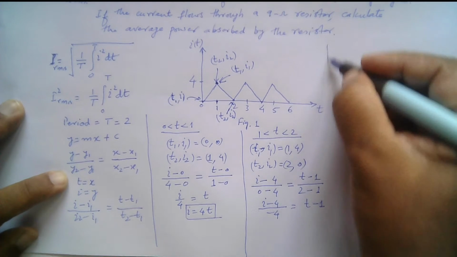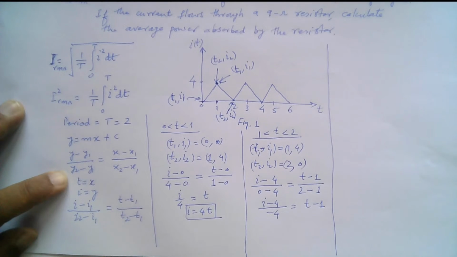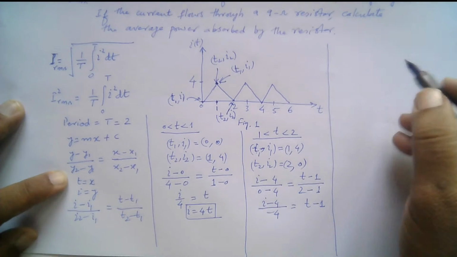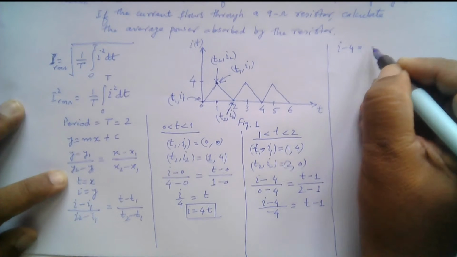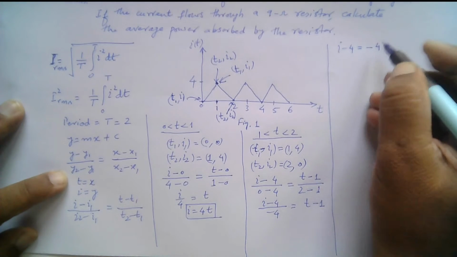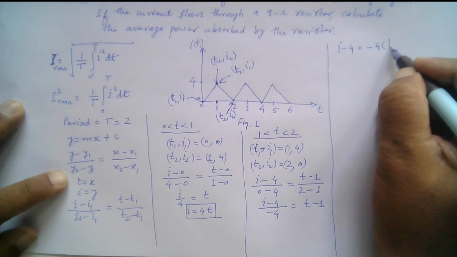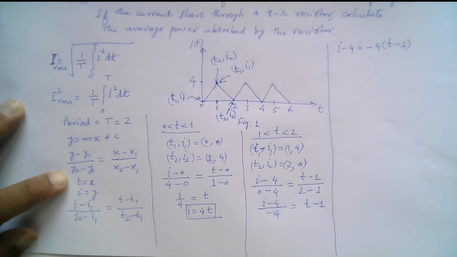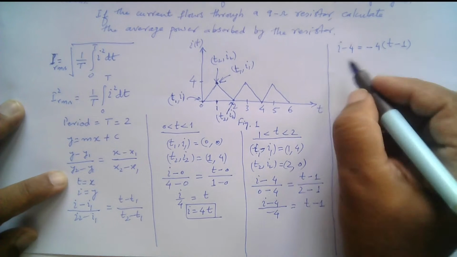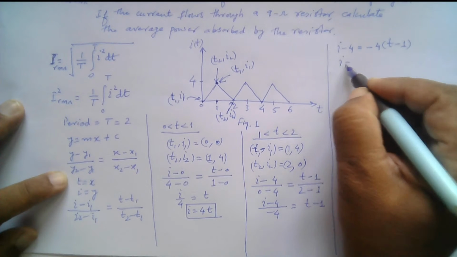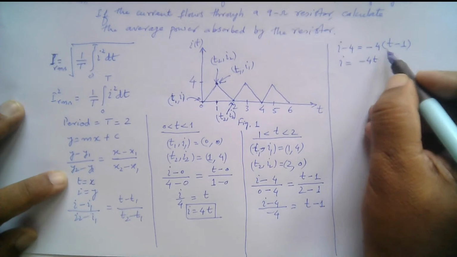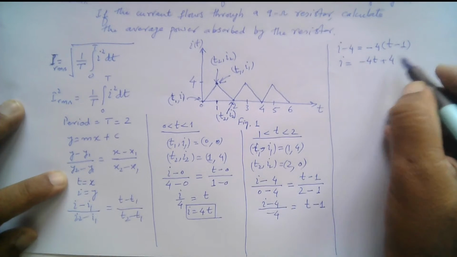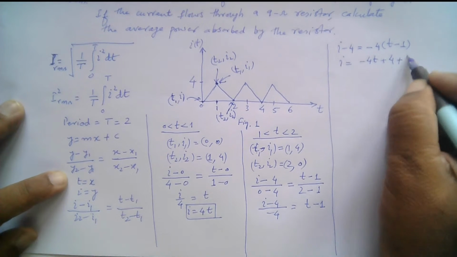So I minus 4 is equal to minus 4 times (T minus 1). That is I is equal to minus 4T plus 4, and then plus 4, this 4 here.